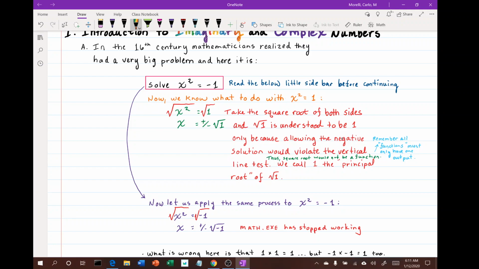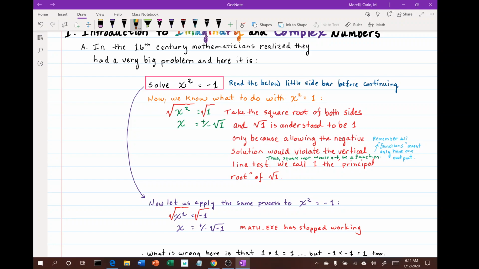So for mathematics, when we take the square root of a number, for functional purposes, we're only considering the positive root. Remember, functions must only have one output. So for any given x, there can only be one outputted y value.